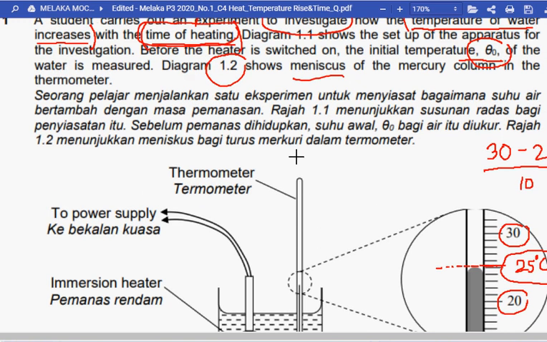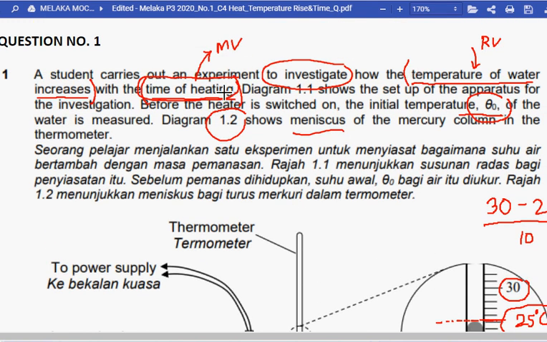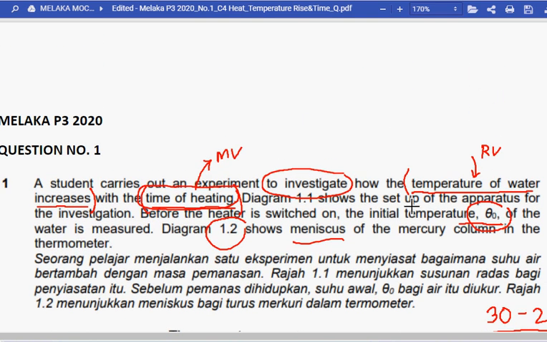So now you see, manipulated variable is time of heating. The responding variable is change in temperature, increase in temperature. Does this remind you of any formula that relates to this chapter? So this one is actually Q heat equal mc theta.